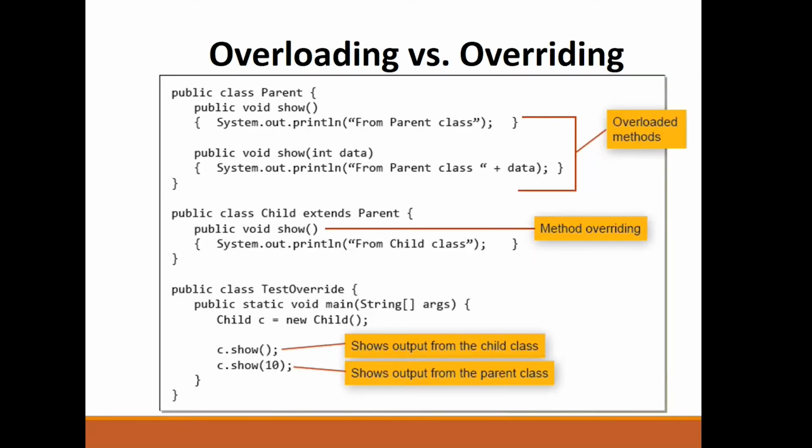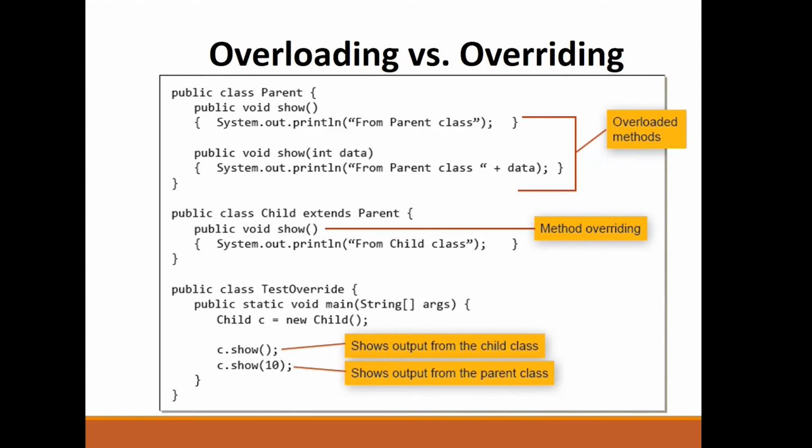Okay? So for example here, this is the overloaded methods. As you can see, you have public void show, and this is overloaded, with different parameters. This one has no parameters required, and this one has a parameter.